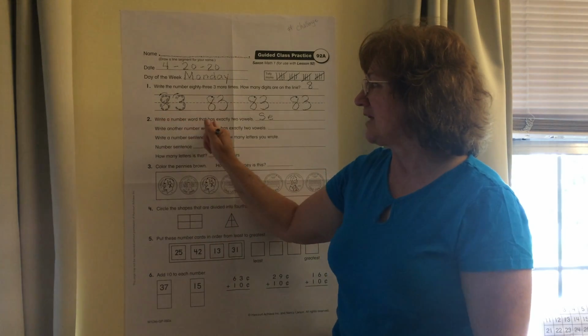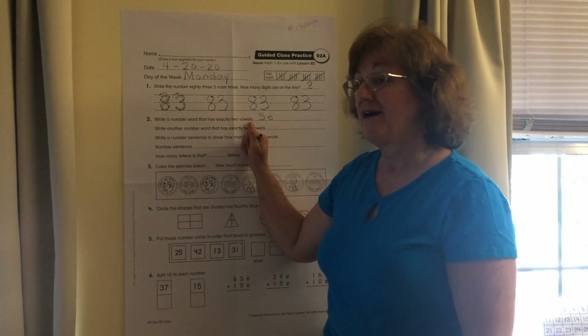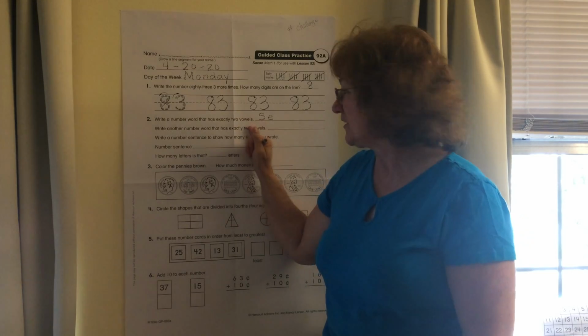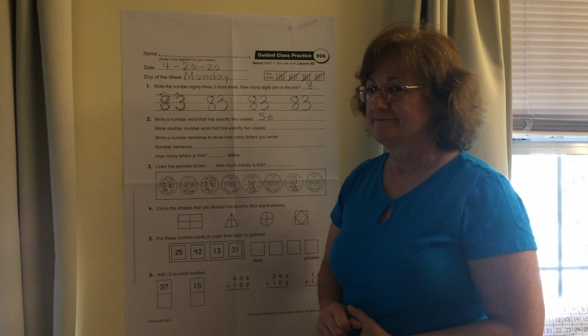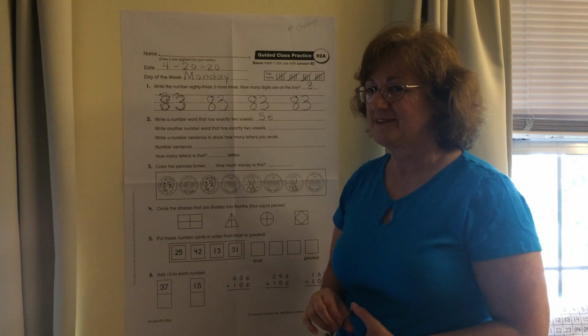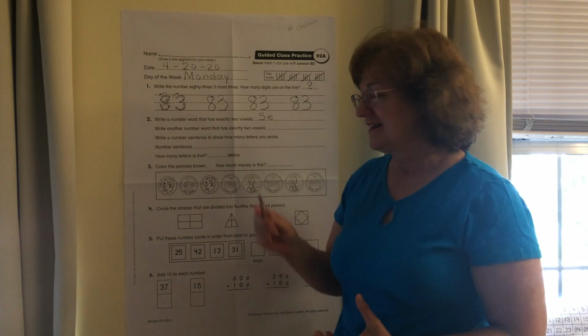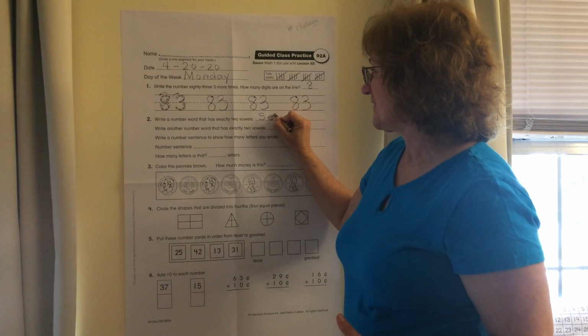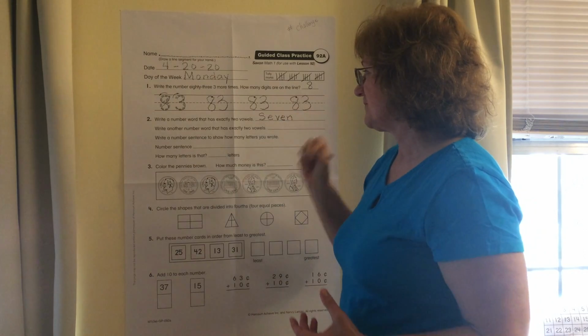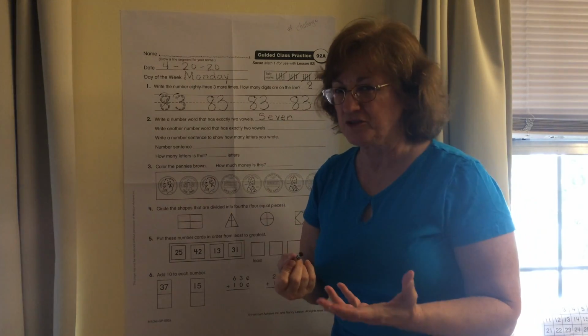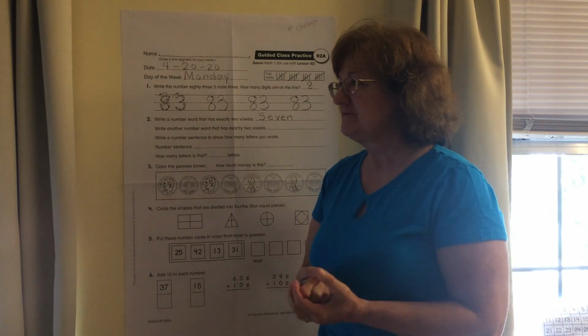Write a number word that has exactly 2 vowels. Can you tell what I started to write? 7. 7 has 2 vowels. But what else could you maybe have written?